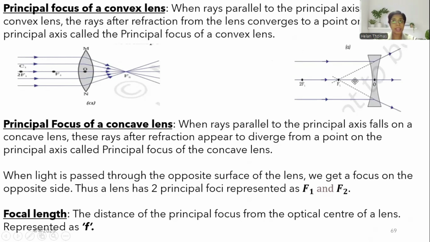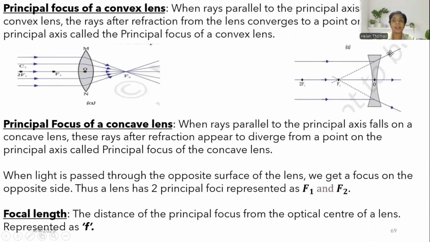In the case of a concave lens, the rays that are parallel to the principal axis fall on the concave lens and get refracted, so they will get diverged. Because it is a diverging light ray, these rays after refraction will appear to diverge from a point on the principal axis, and that is called the principal focus of a concave lens.